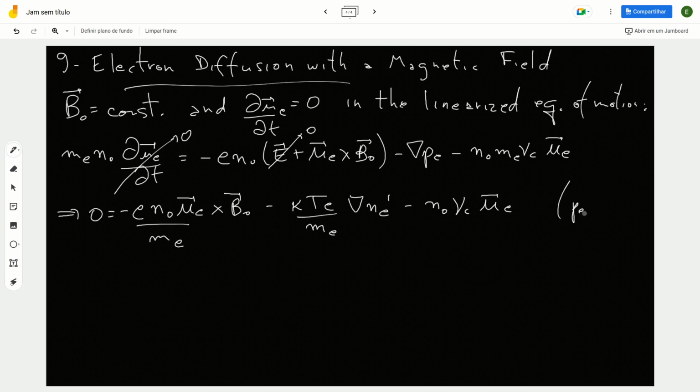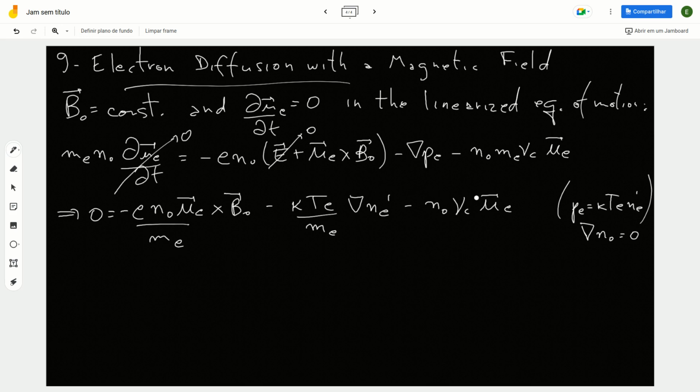So using this, of course. Also, we have already assumed that the electron density is N0 plus Ne prime. Yeah, that is here. And the gradient of the N0 is 0. So this is the rest, though. Remember.